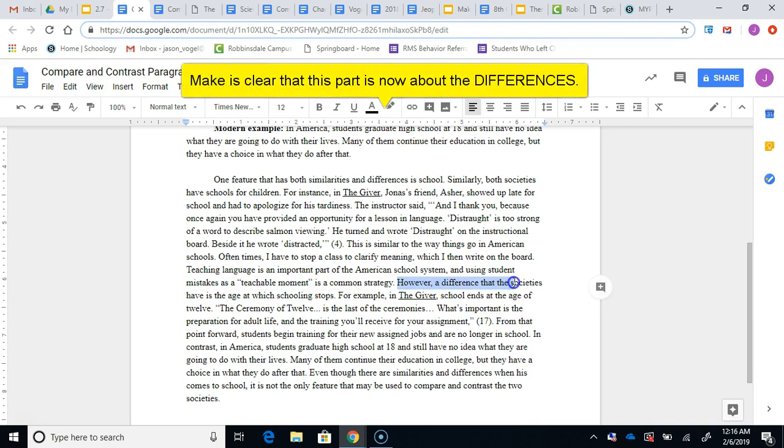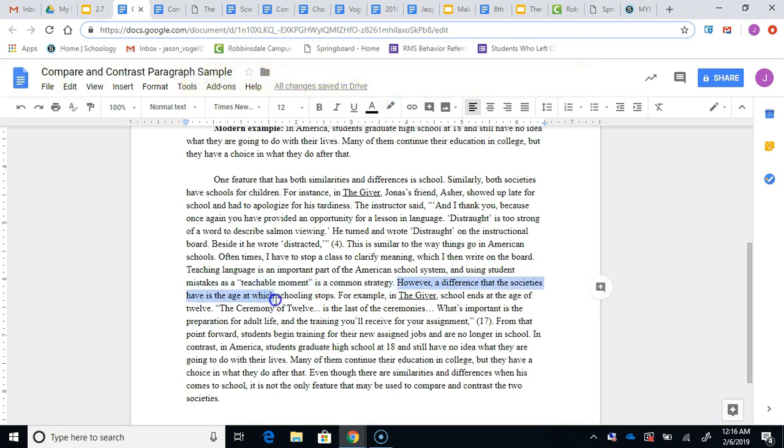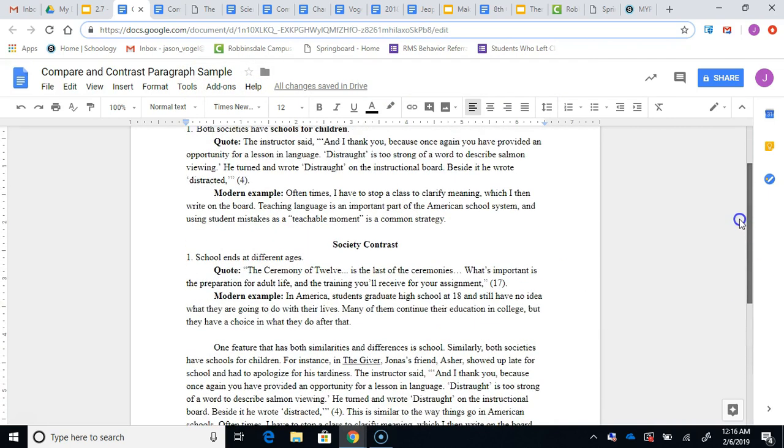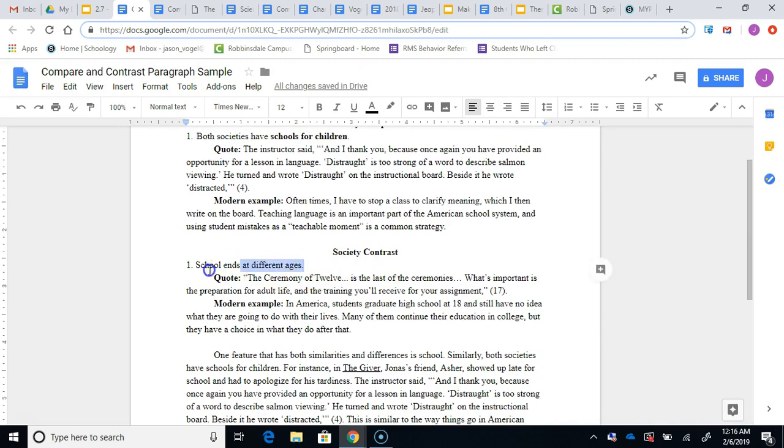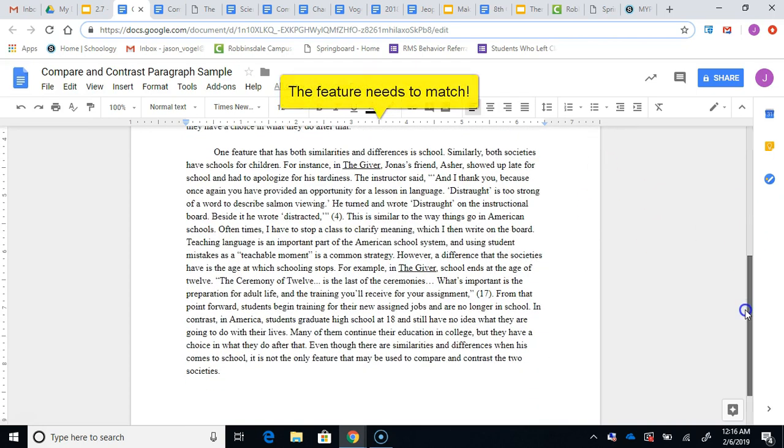However, the difference the societies have is the age at which schooling stops. So that's the same difference I pointed out on my society contrast page. So these two things from my compare page and my contrast page match each other. Now I can give the quote from the book.